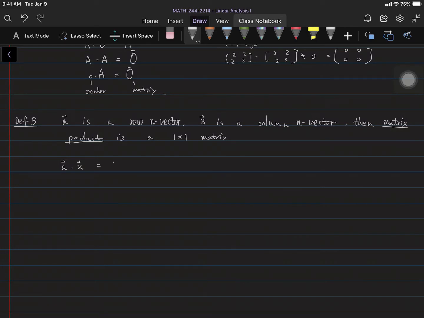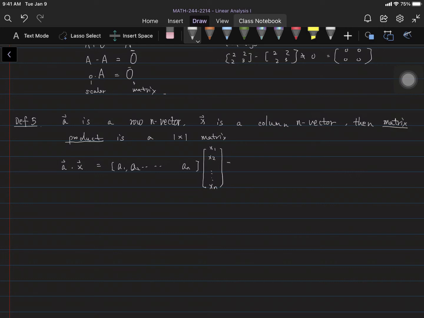A is a row vector, so we can say a1, a2, up to an. And times X. X is the column n-vector, so it should be x1, x2, xn. So the product of this one equals what? Let's see.